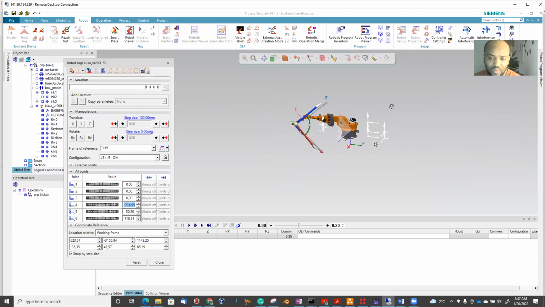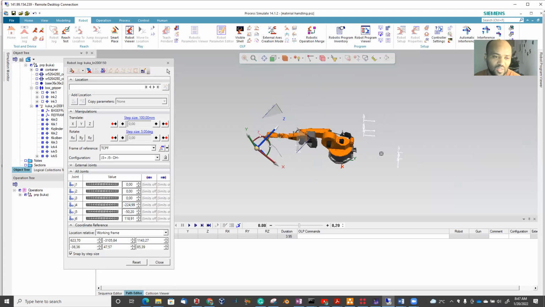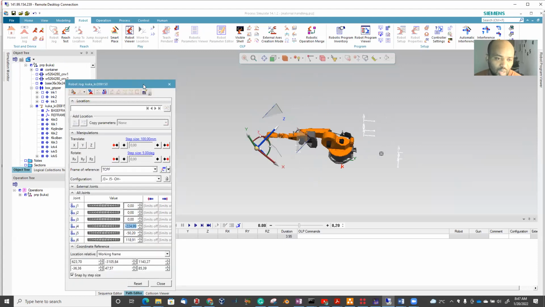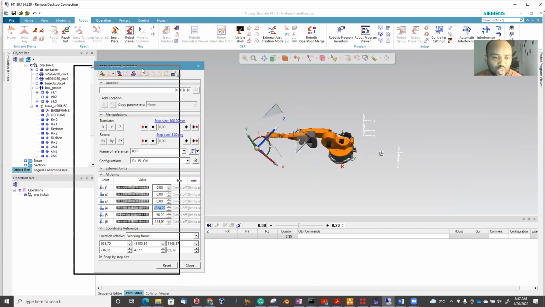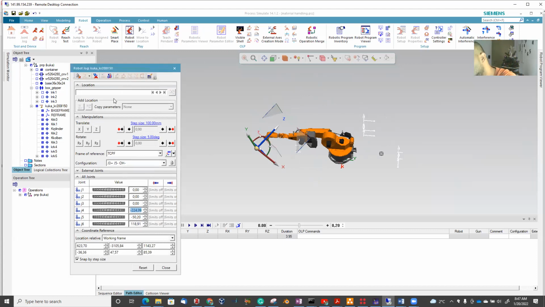For example, you want to make some pick and place operation. For the pick and place operation, you know only the point of picking and the place of positioning. So in such situations, you need inverse kinematics, which calculates the joint variables for you. So this time, for example, you say I need the TCP at 600. Then you say I need the TCP at minus 1000, maybe.